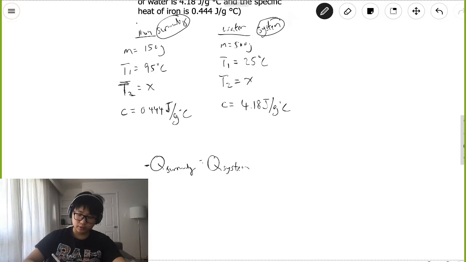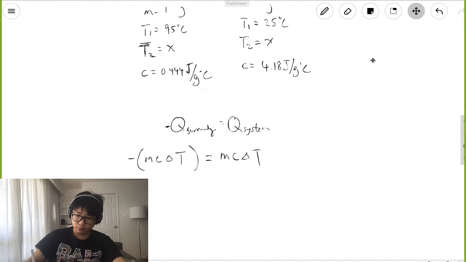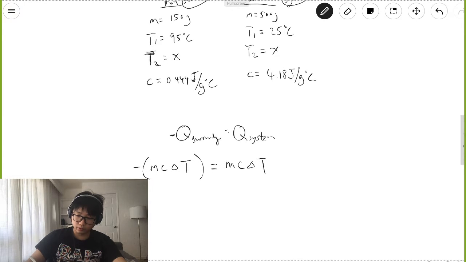So now I can say that negative, this whole thing, MC delta T for the left side, is equal to MC delta T on the right side here. Now we can sub in everything because we only have one unknown variable. Hopefully you're doing this on your paper as well.